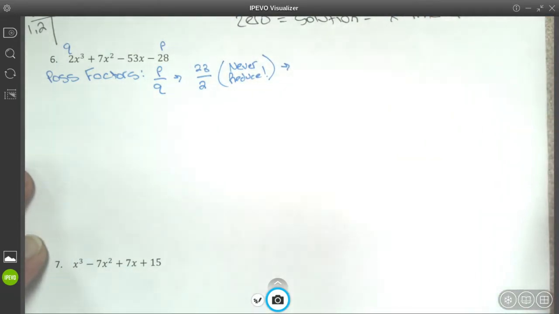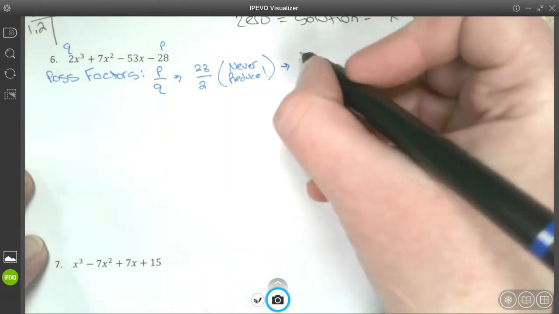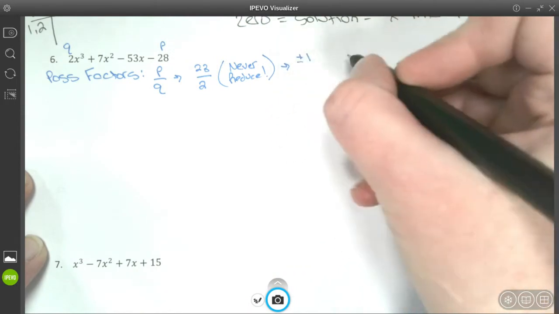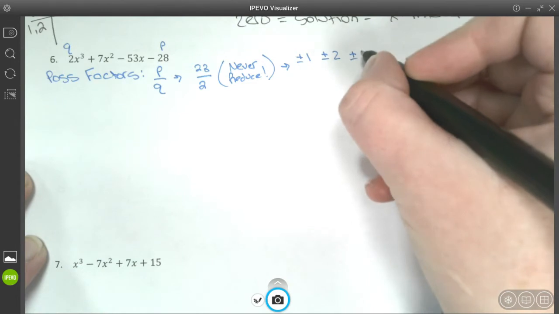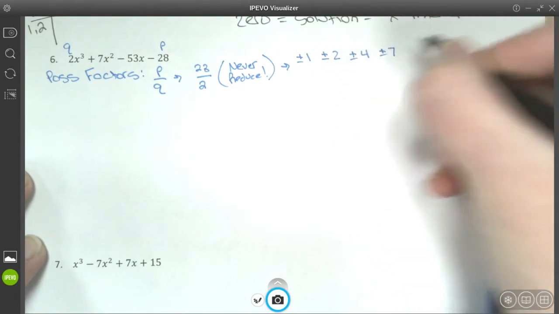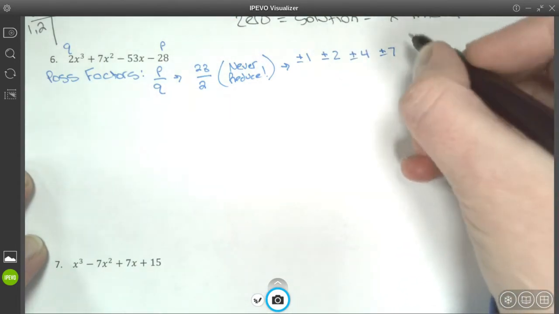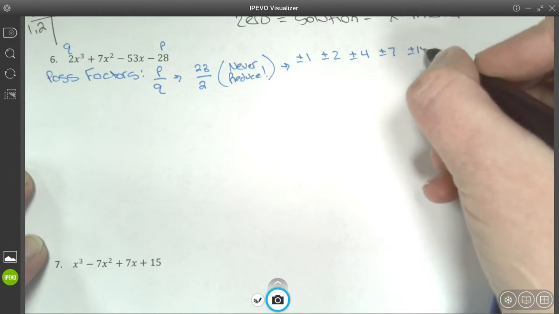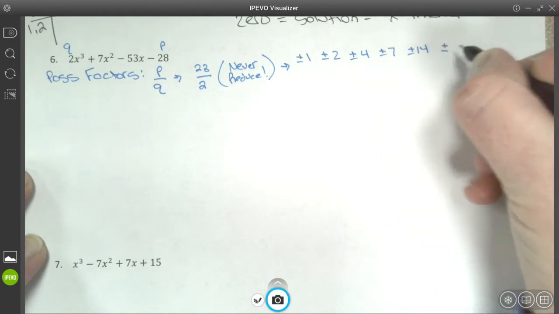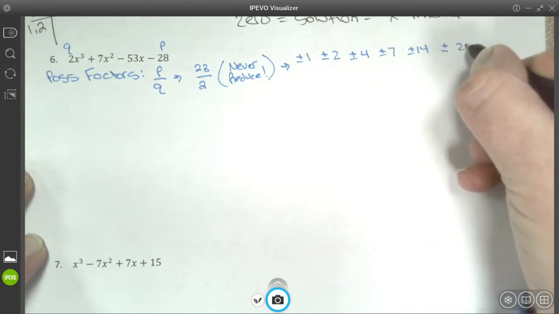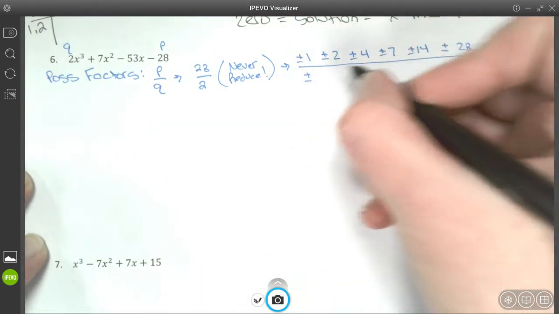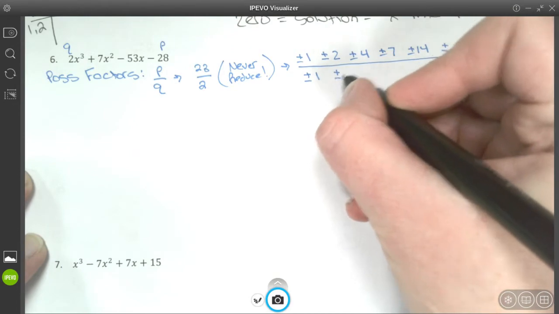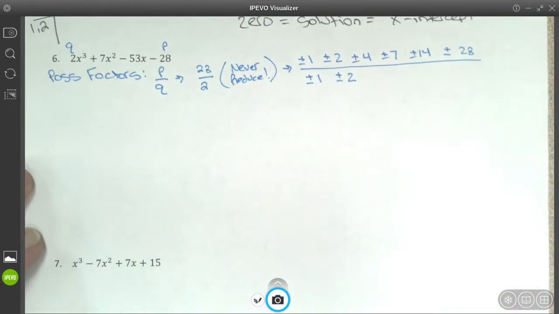So now I'm just going to list out my factors of 28. Plus or minus 1. Plus or minus 2. 4 times 7 is 28. And then the other part of 28 is 14. And 1 times 28. And the factors of 2 are 1 and 2.